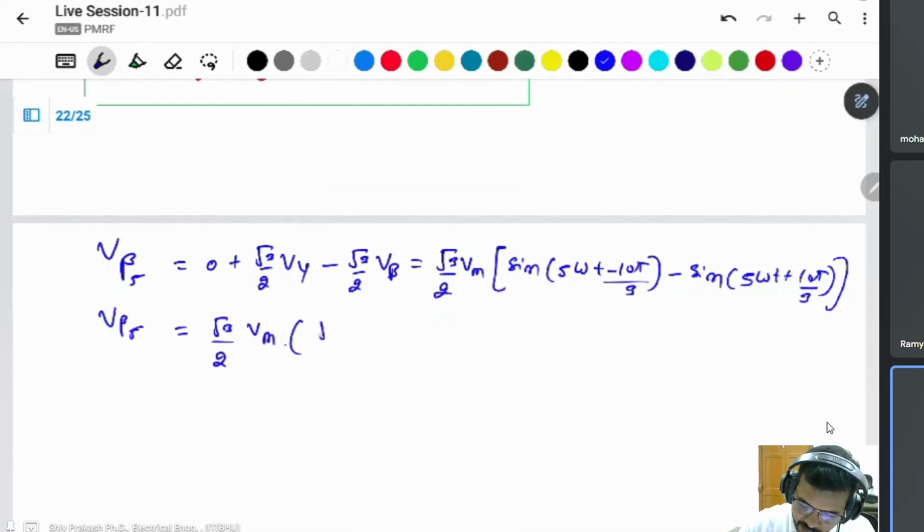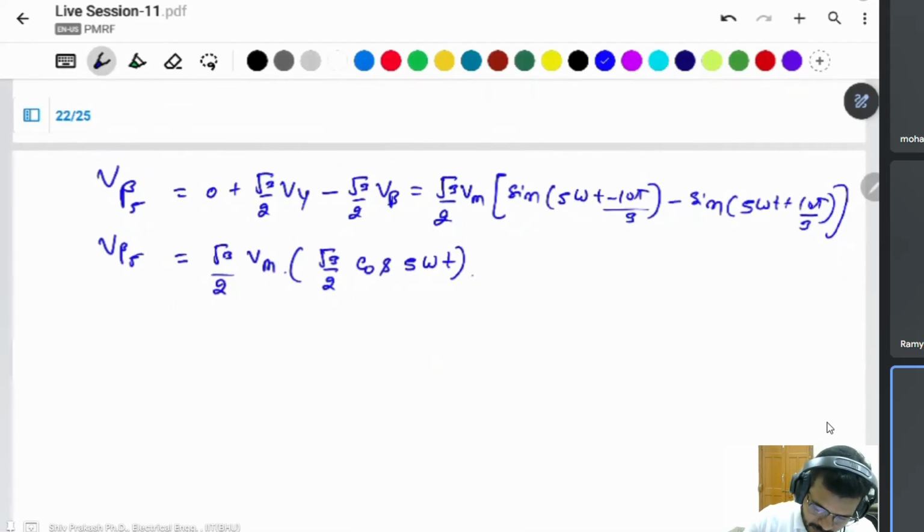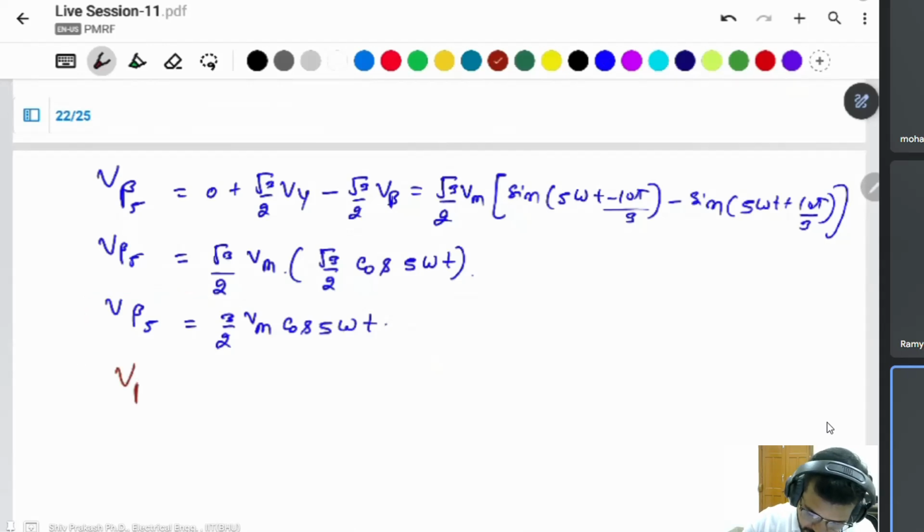Same thing if we calculate this one, √3/2, and total Vα, Vβ: 3/2 Vm sin ωt plus cos ωt.